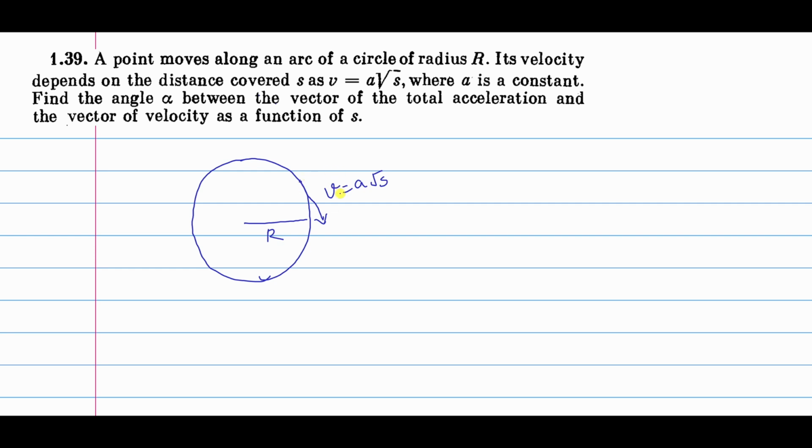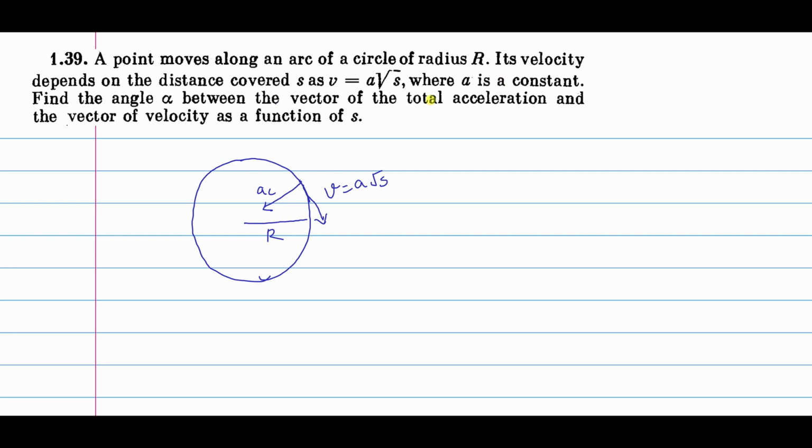Okay, so as this is a function of distance, velocity is not constant, and therefore it will have a tangential acceleration along the path. Also, as it is moving in a circular motion, it will have a centripetal acceleration.